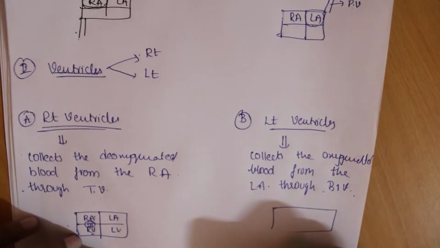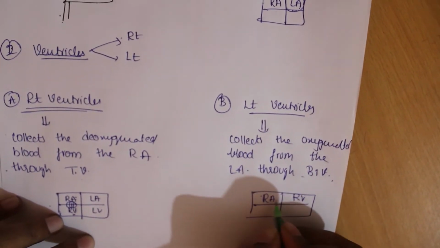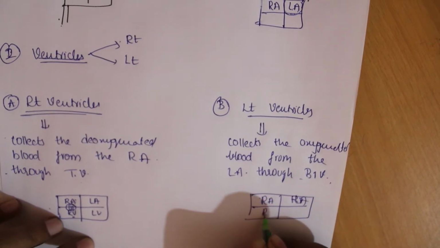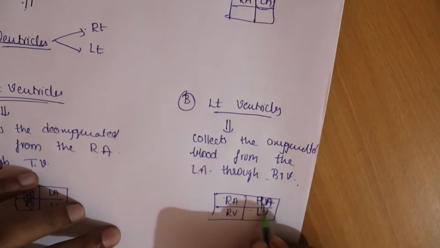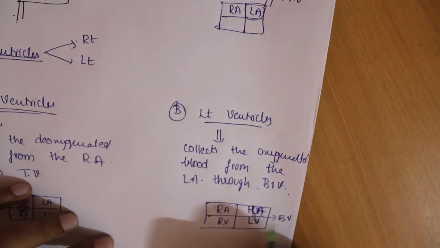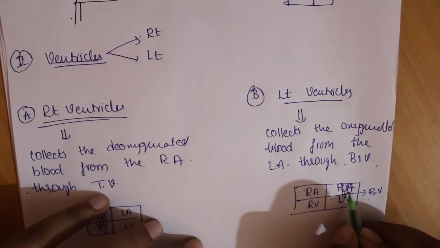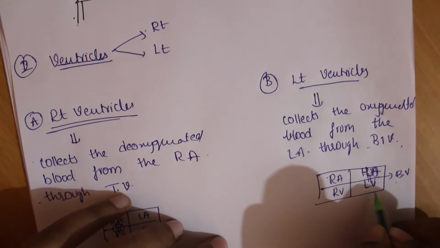Here also I am drawing a rough diagram of the heart, with the right auricle, right ventricle, left auricle and the left ventricle. From the left auricle to the left ventricle there is a valve known as the bicuspid valve. Through the bicuspid valve the oxygenated blood from the left auricle comes to the left ventricle.